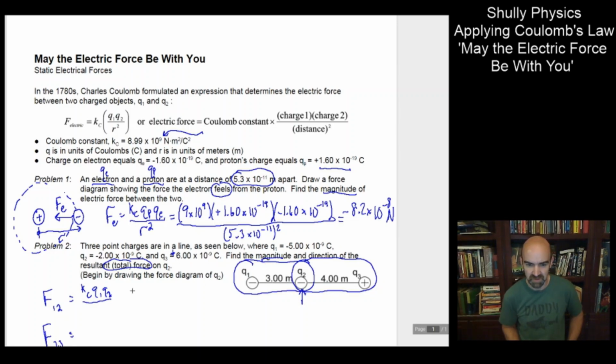This would be the distance between 1 and 2, the r between 1 and 2, squared. So plugging in, we're going to have 9 times 10 to the 9th power.